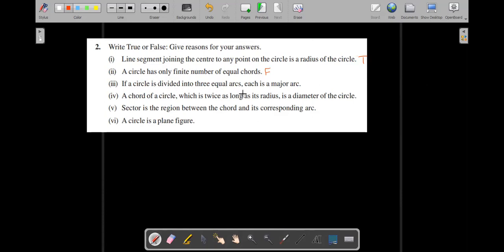A circle is divided into three equal arcs. Each is a major arc.